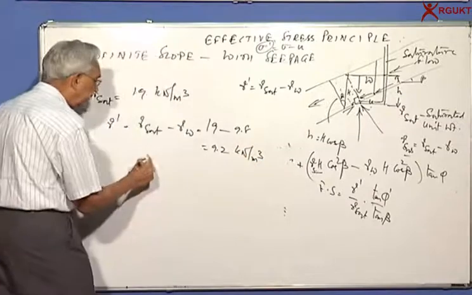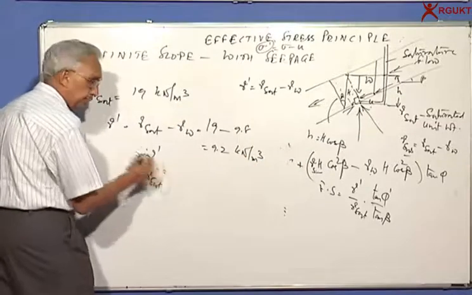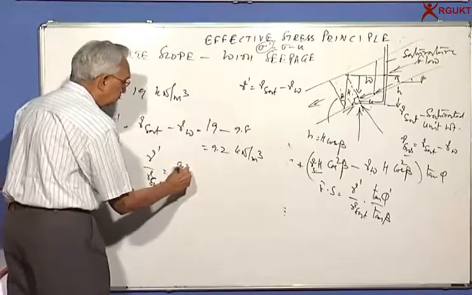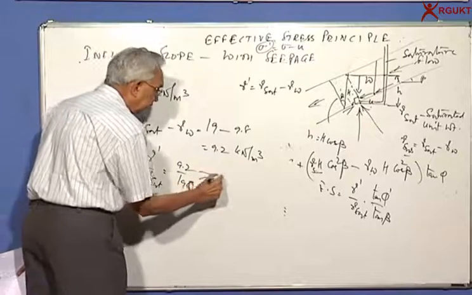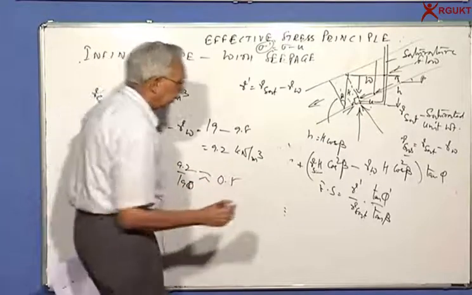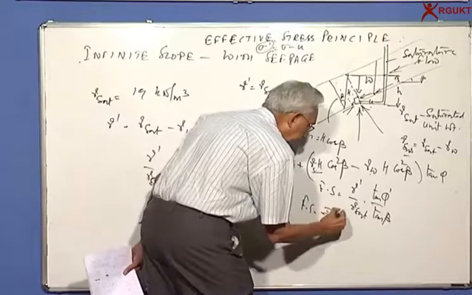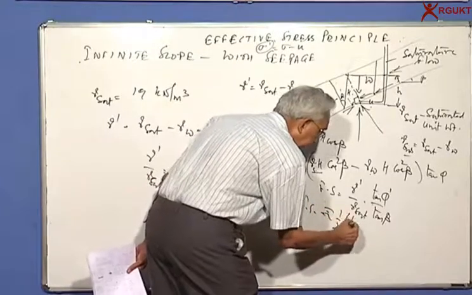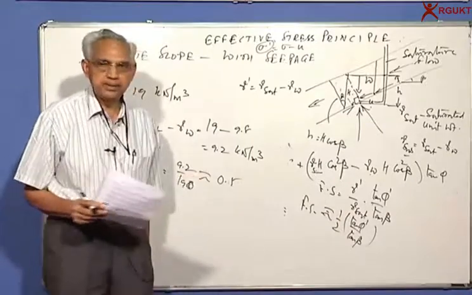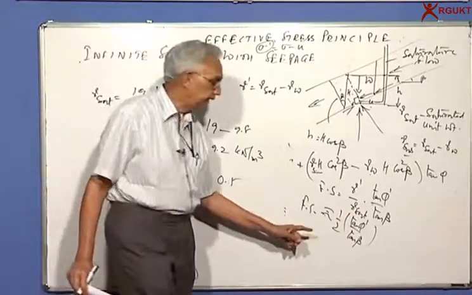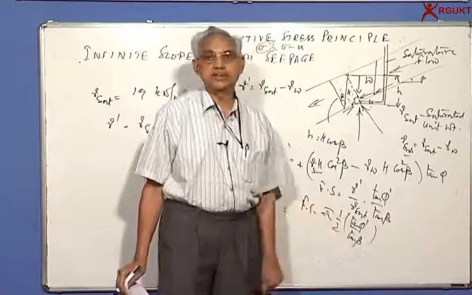So if I take the ratio gamma prime by gamma saturated, 9.2 by 19, let's say approximately 0.5. So the factor of safety now is about half of what it was before. The most unique, very simple relation you get: the factor of safety reduces by about half the moment the soil gets saturated.